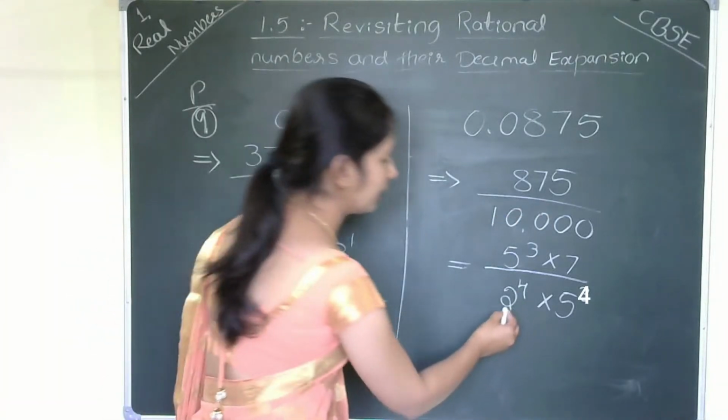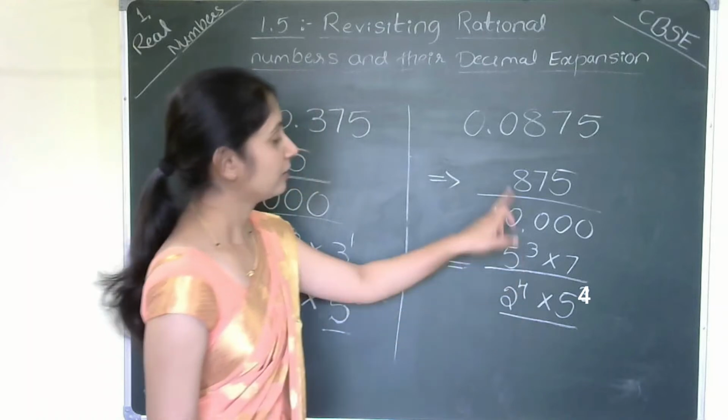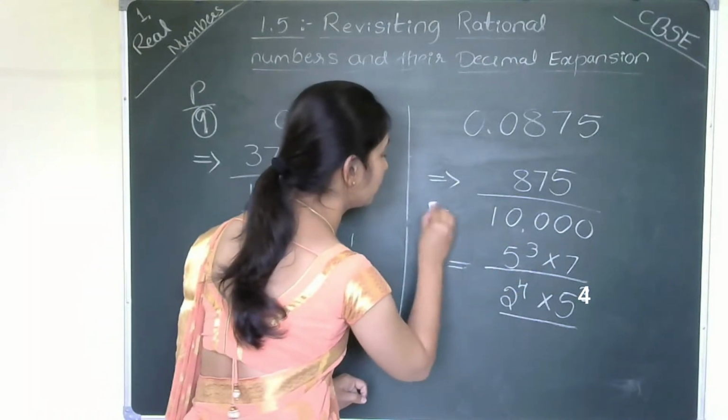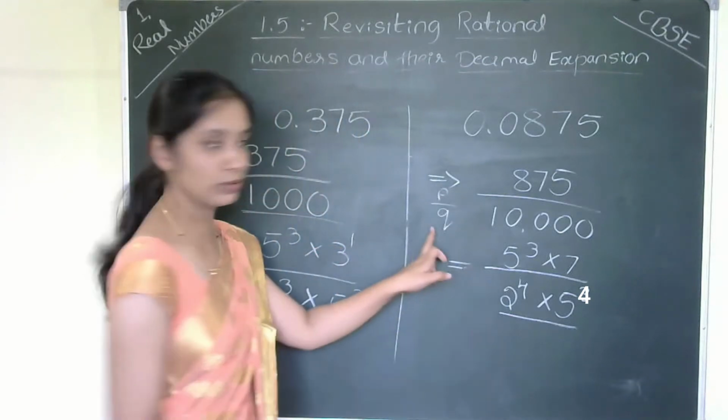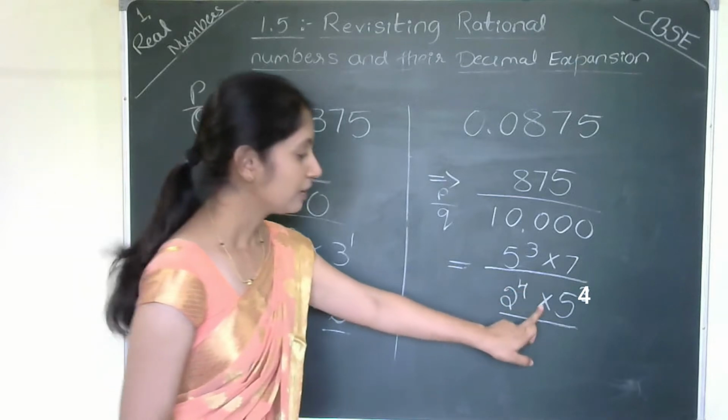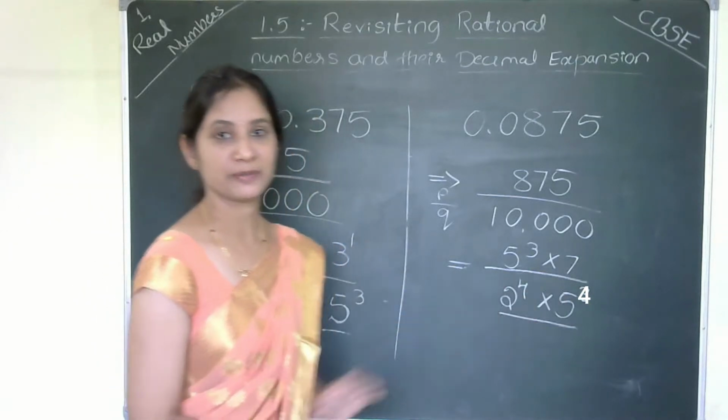Now I can say that the denominator q in the form p by q, such as 10,000, can be expressed as 2 to the power something multiplied by 5 to the power something.